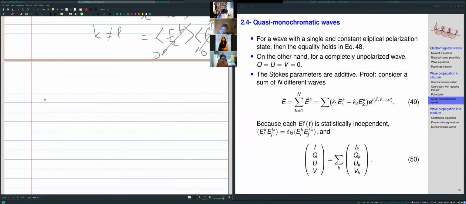It's kind of obvious for I, but might not be so obvious for the other components. The sum is K equals 1 to N. So what this is meant to say is that when we are observing a nebula, let's draw this as a nebula, not as a uniform slab, we have atoms that decay at some point, and they all emit quanta of radiation.